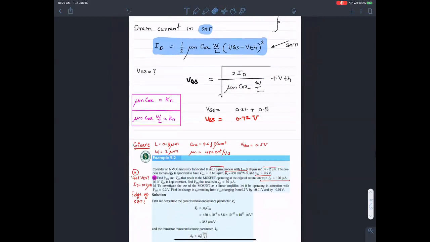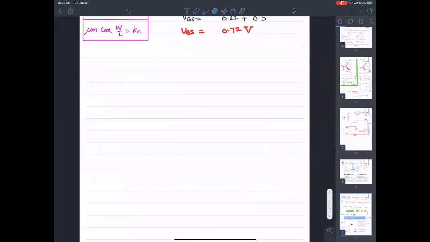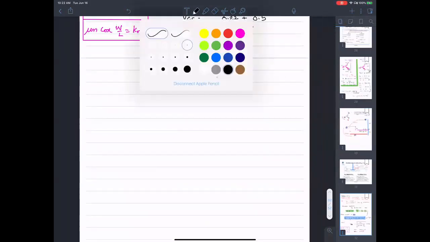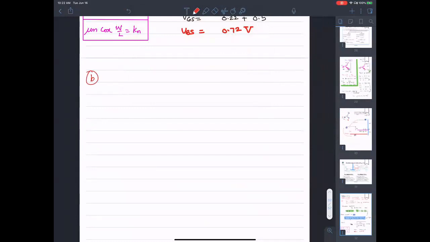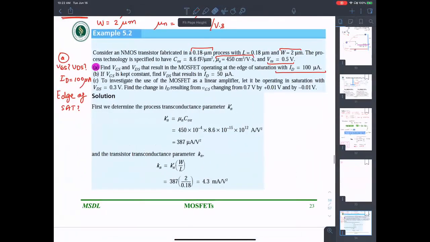All right, so let's see if we can make some progress and see what the next part of the problem is. Let's look at part B. In part B, we calculated VGS.